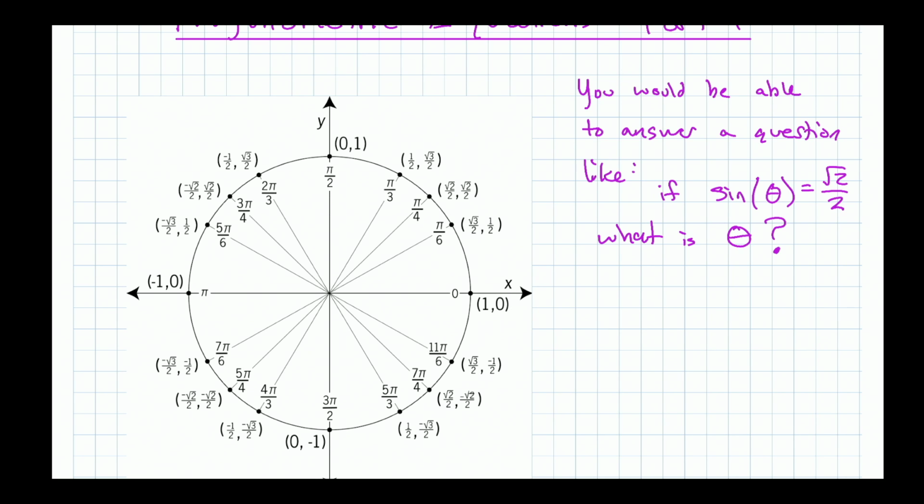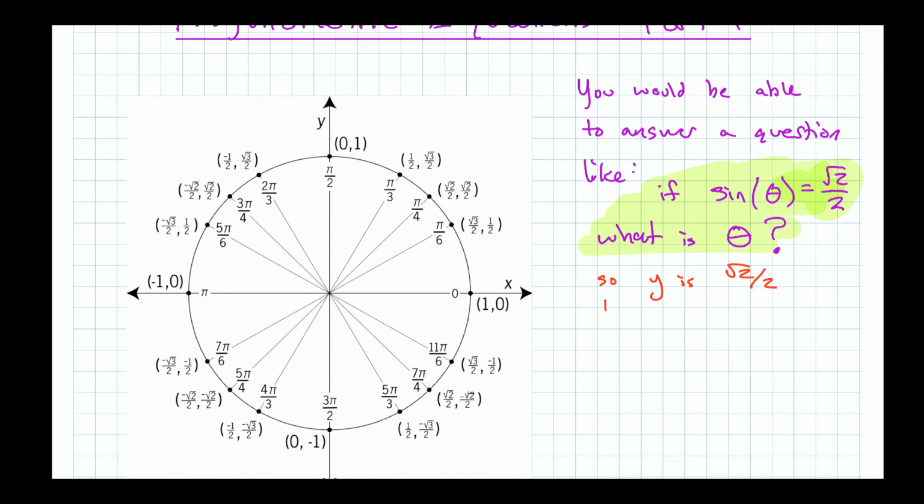Right? You'd be able to solve that question. All you would have to do is say, well, where is the sine equal to square root 2 over 2? Well, I know that sine is the y value, right? So the y value is square root 2 over 2.